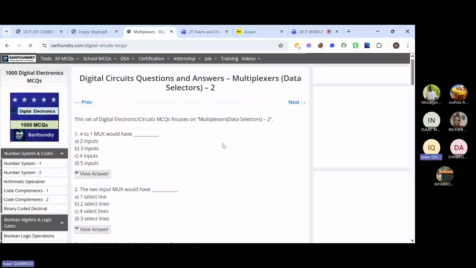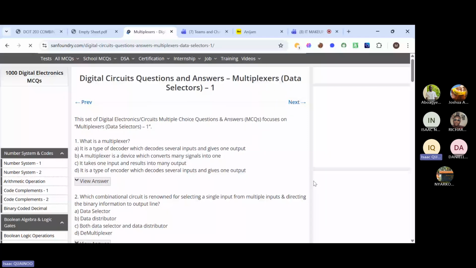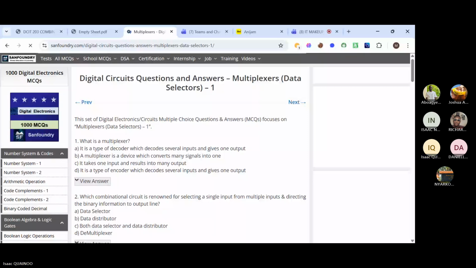All right, so let's start with one. Okay, so we have our first question right here. So I think we start with this. I think let's just continue from where we ended yesterday.